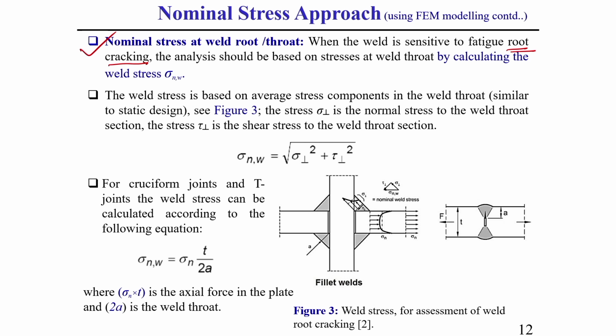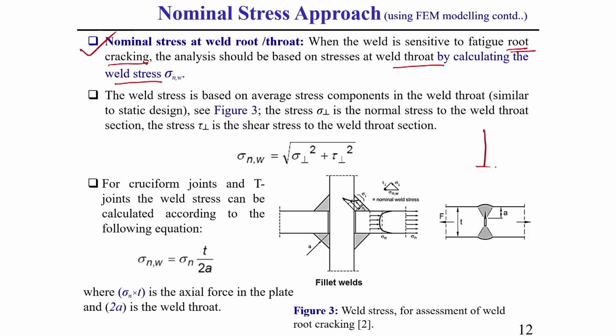That is why I have written, for that case the analysis should be based on stress at the weld throat by calculating the weld stress sigma NW. That means whatever the stress value will be at this weld throat zone, that stress we need to use for estimating the fatigue life once the crack starts at the weld root zone. This you should keep in mind.